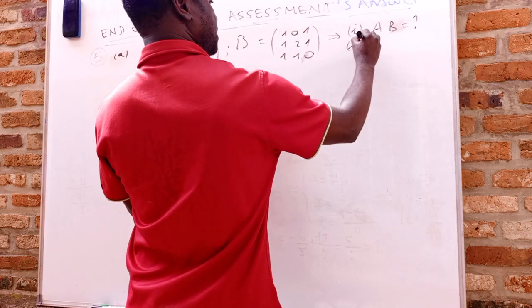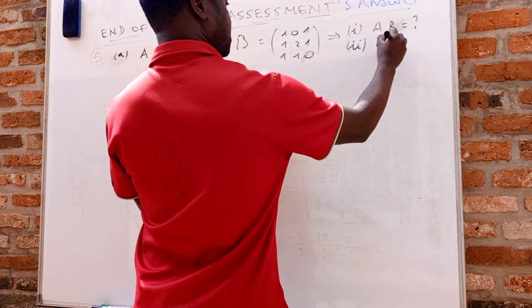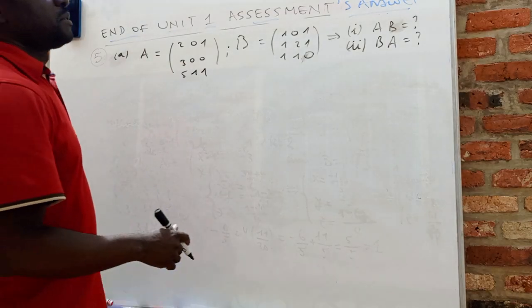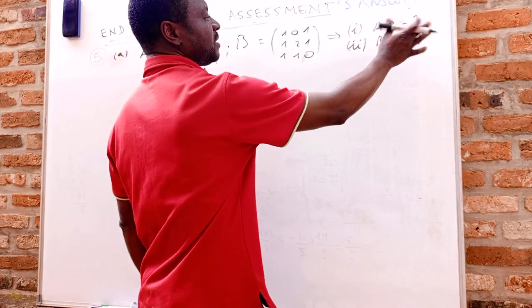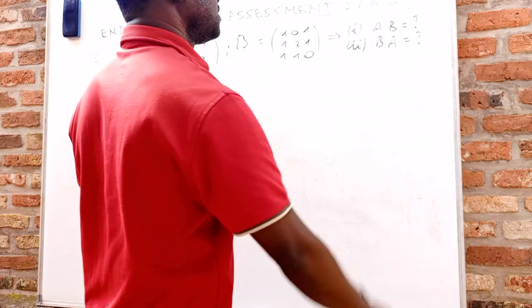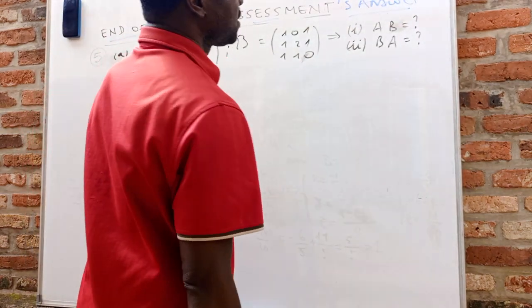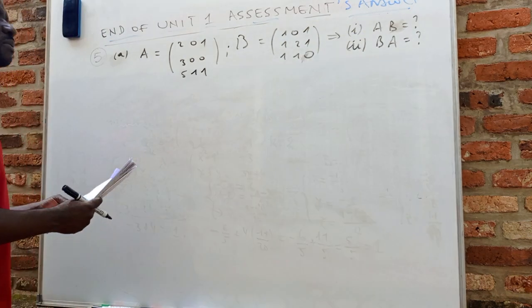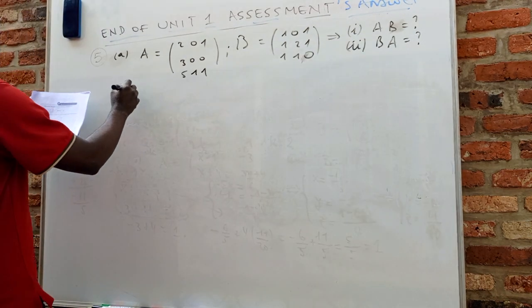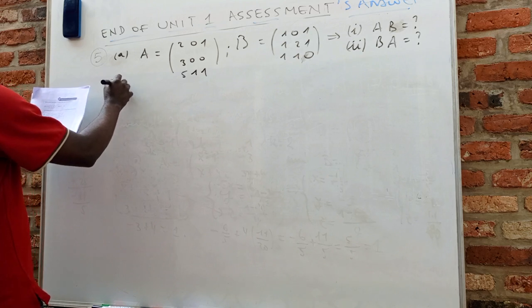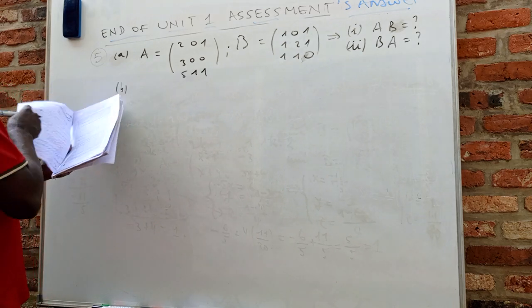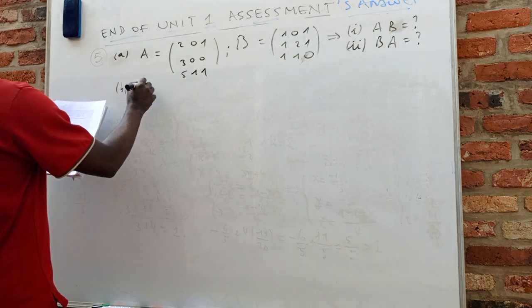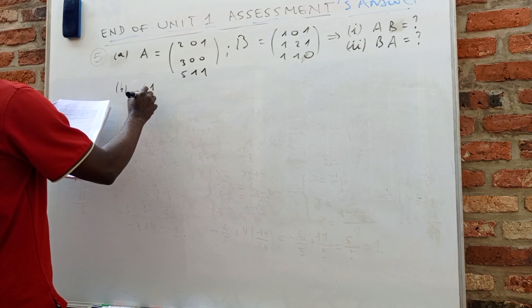And part two, what is B times A? Probably we can conclude that in some cases, if they are different, matrix multiplication is not commutative. We have to calculate the product of the two matrices.